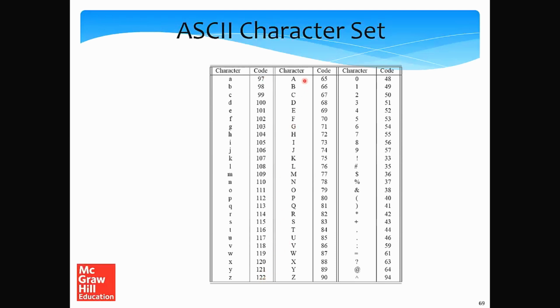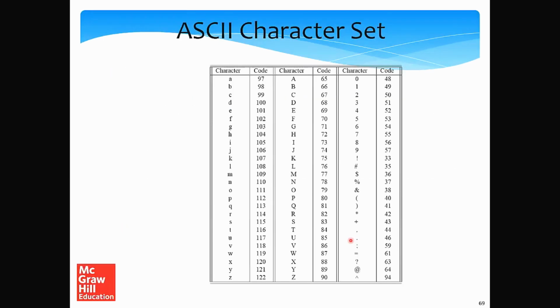Similarly, from capital A to capital Z, the code goes from 65 to 90. Then we have numbers from 0 to 9, where the codes are assigned from 48 to 57, and there are different codes for special characters and punctuation marks like exclamation, hash, dollar, brackets, comma, semicolon, and so on.